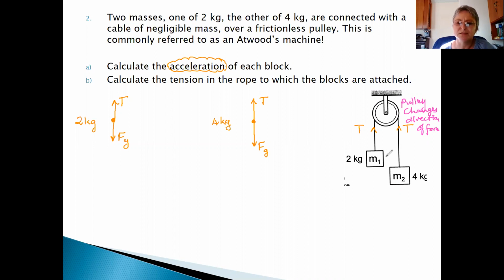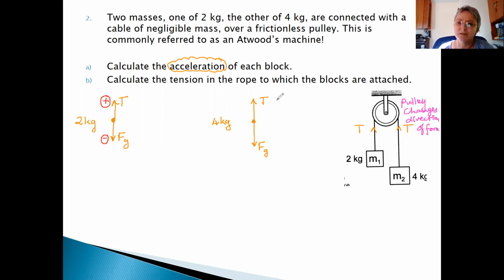And I need to decide which direction would be the positive direction. If I look at M1, it looks like this thing is going to move up. So I'm choosing up as my positive direction for this object. Then down would be the negative direction. The pulley changes the direction of the tension.